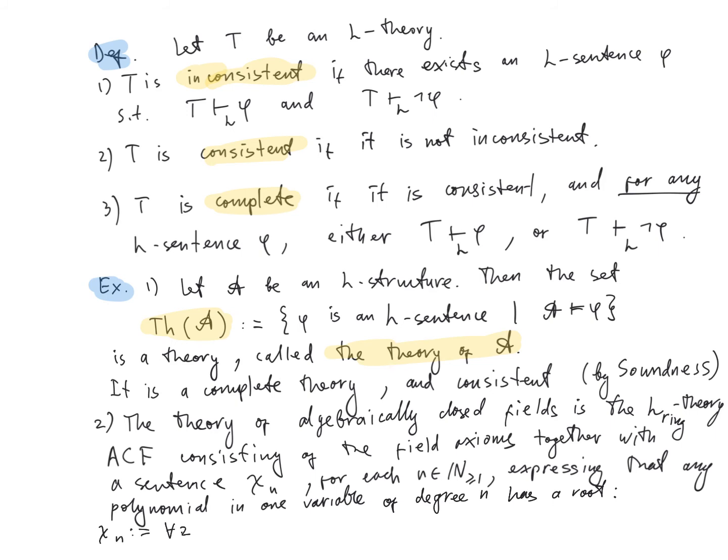So we say that for all z0 through z n minus 1, which are going to represent the coefficients of the polynomial, there exists x such that x to the power n, which you should think about as an abbreviation for the expression x times x times x n times, which is indeed now a term in the ring language, so we have that x^n plus z n minus 1 x^(n-1) plus etc. plus z0 is equal to 0.